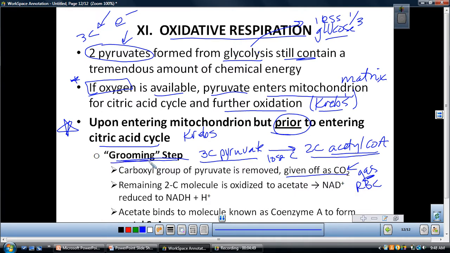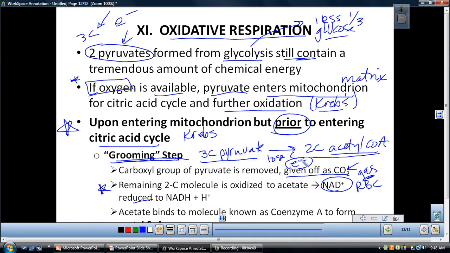So this grooming step, also known as the intermediate step, is where we're going to take the 3-carbon pyruvate, break it into a 2-carbon acetyl CoA, give off the carbon dioxide as a waste product, and then we're also going to have a little reduction. What are we going to reduce? You guys know we reduce these electron carriers. If I break off and lose a carbon, I'm releasing electrons.